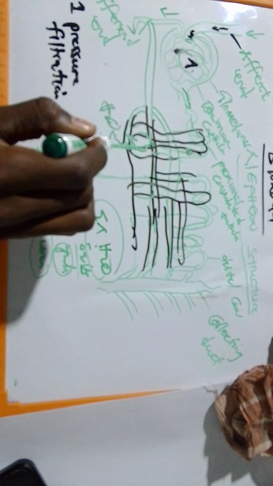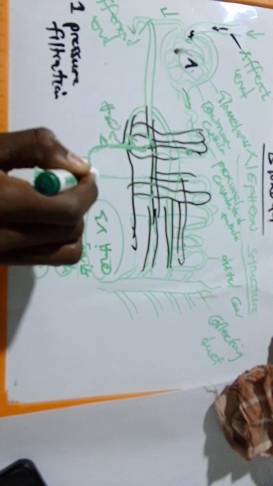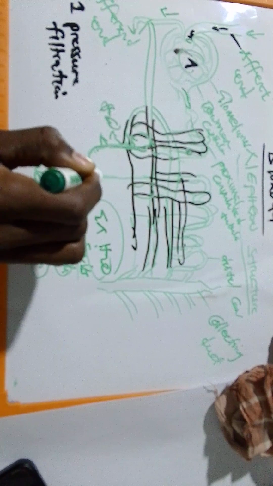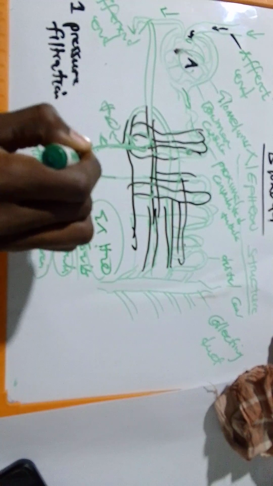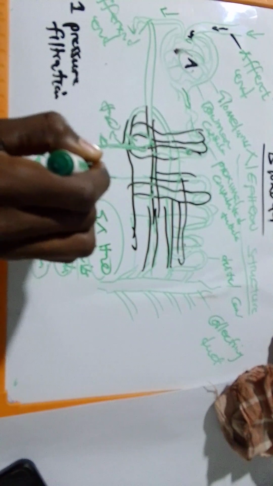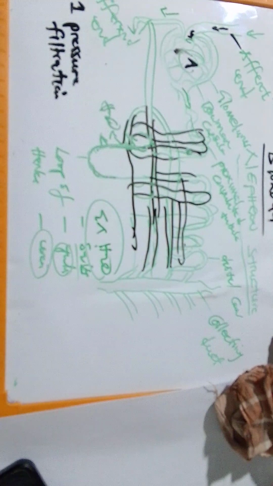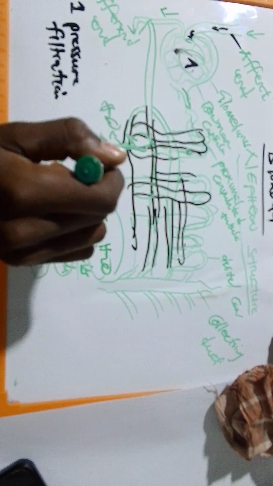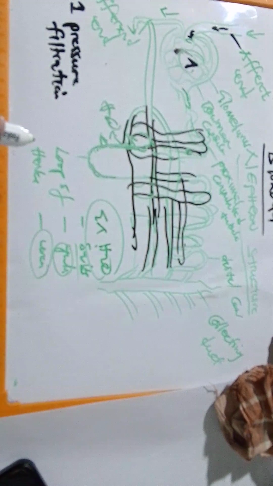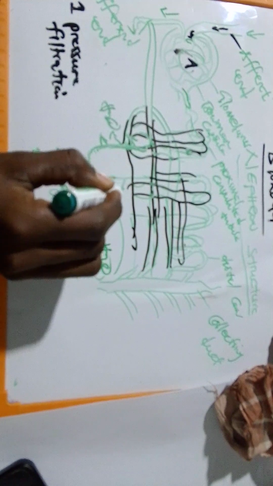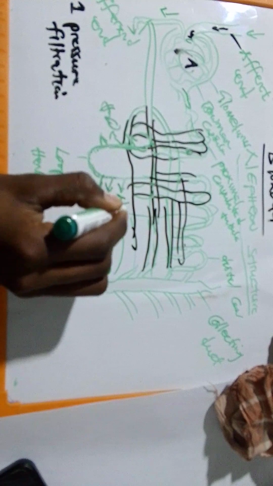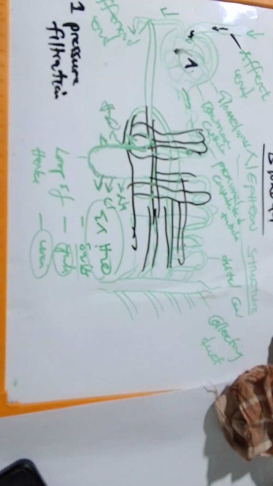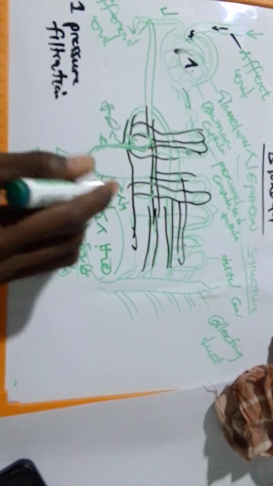So when it curves here to form a loop of Henle, then it goes up. The moment it starts going up, the permeability of this tube to water ends here. Then from here, what will be excreted out will be sodium and chlorine, or sodium chloride solution.